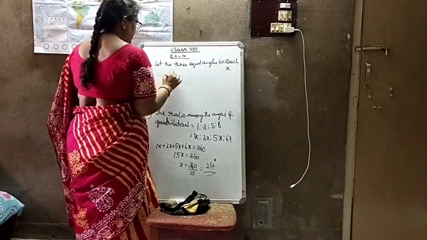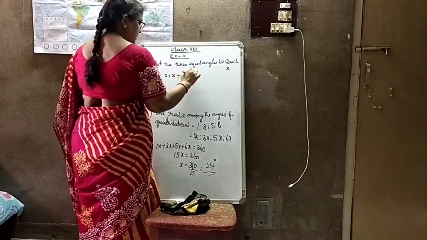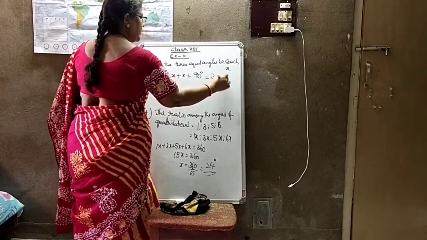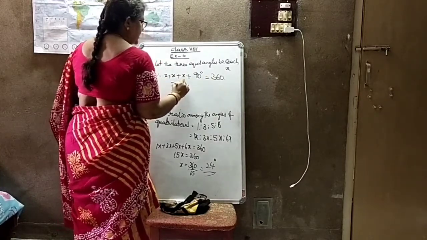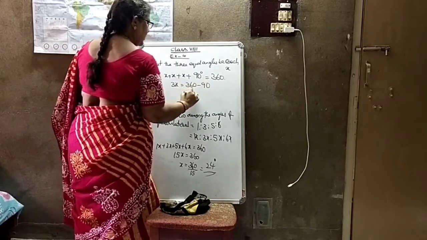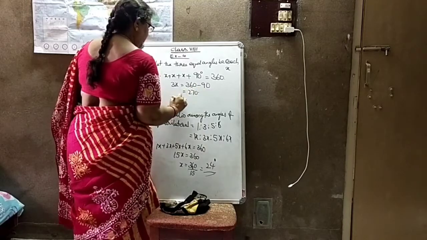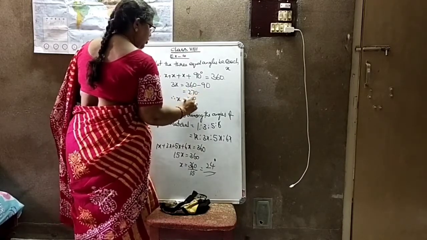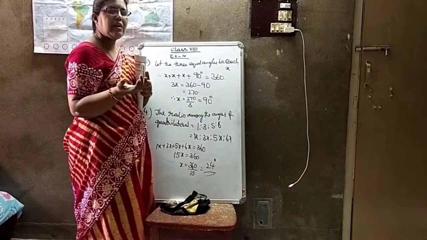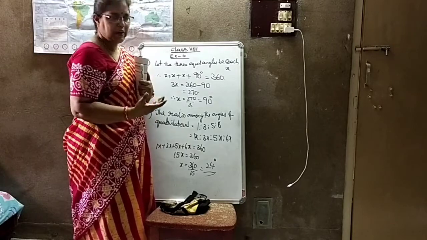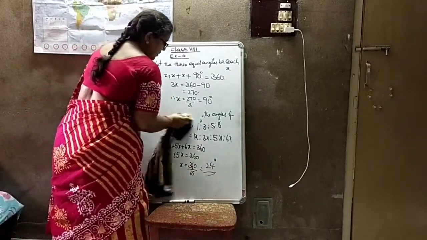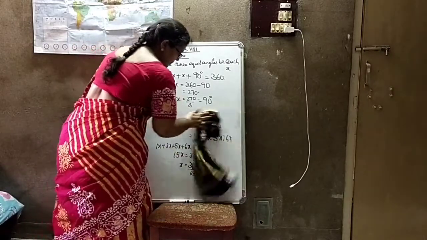Therefore, x plus x plus x plus the right angle is equal to 360. So 3x is equal to 360 minus 90, equal to 270. Therefore, x is equal to 270 by 3, again 90 only. It may be a rectangle or square, not a rhombus, because in a rhombus different angles will come, not right angles.